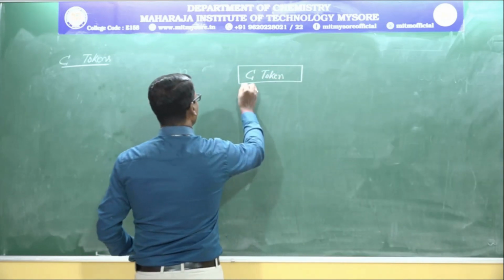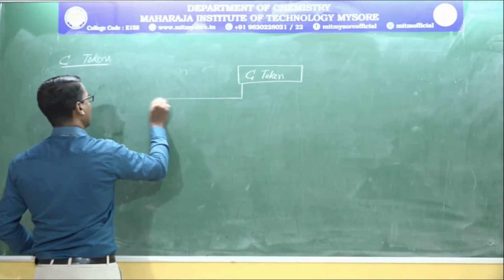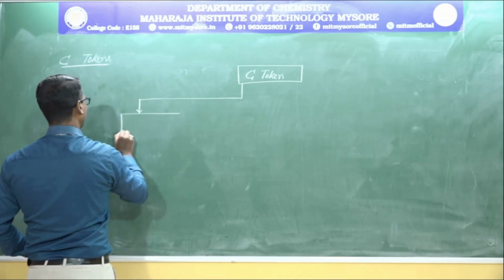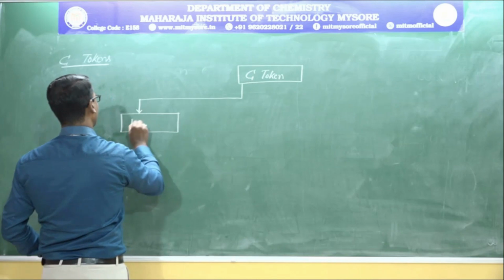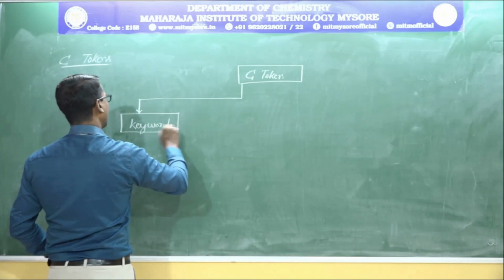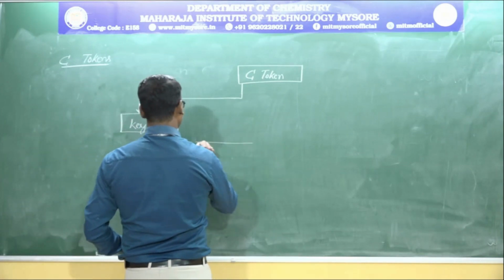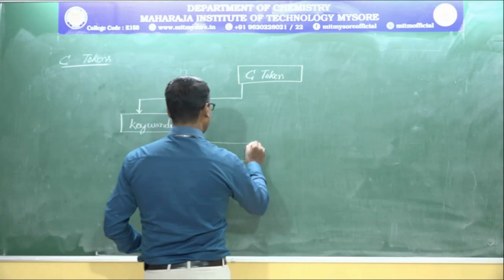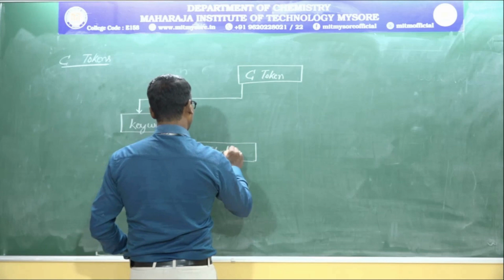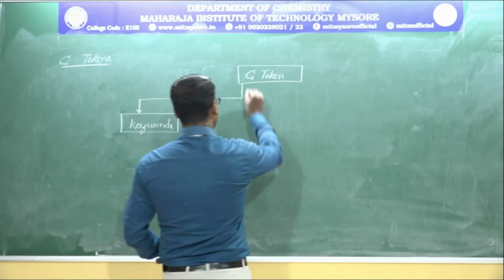C token. The first category is keywords. The second category is identifiers.